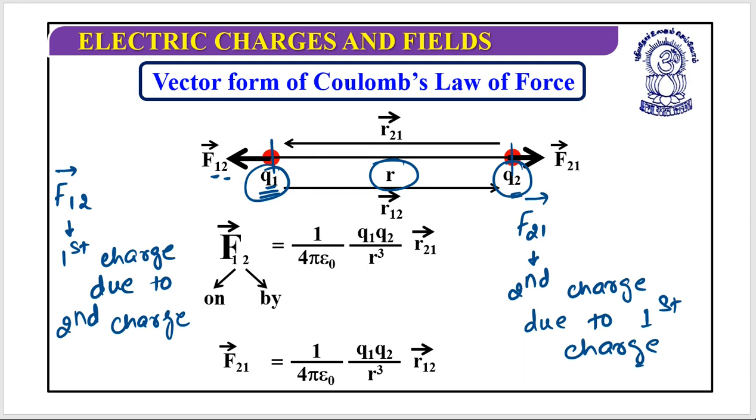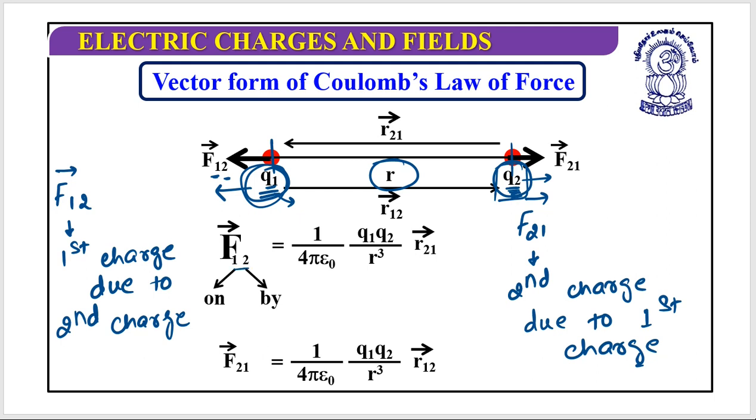So this is q1. If on this body the force is acted by q2, then q2 will try to move q1 further away. If it is a force on q2, acted by q1, then q1 will try to make q2 move away.